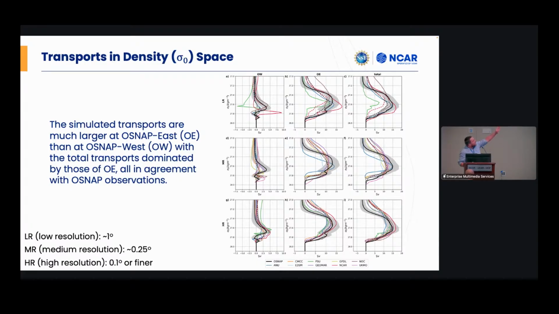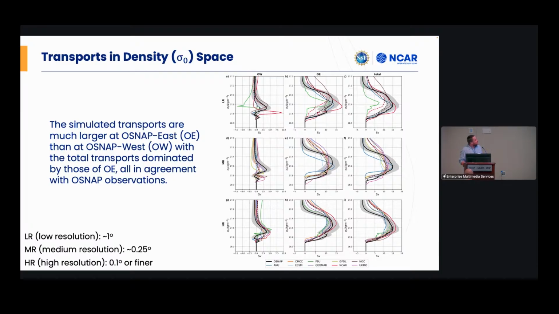You have OSNAP West, OSNAP East, and the total transport across the combined section. The black line is the observation, the gray shading is the variability around the observational mean, and all the colored lines are the various models.